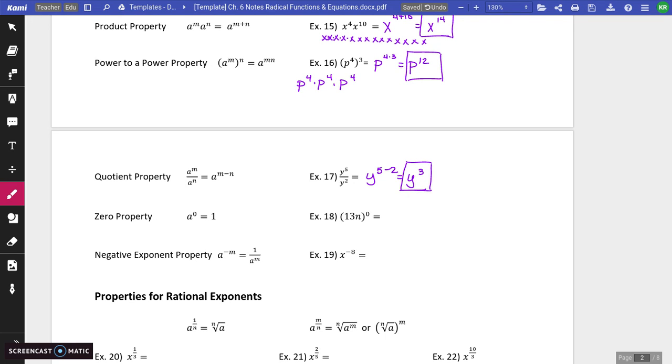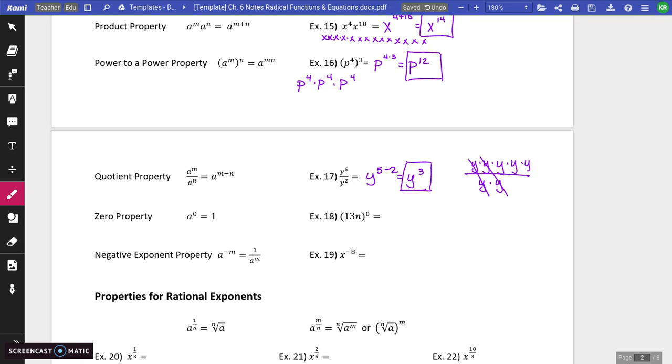Another way you could think of this, if you have y to the 5th in the numerator of your fraction, and then a y squared in the denominator, if I cross out those y's that I can simplify, then I have y cubed left over.